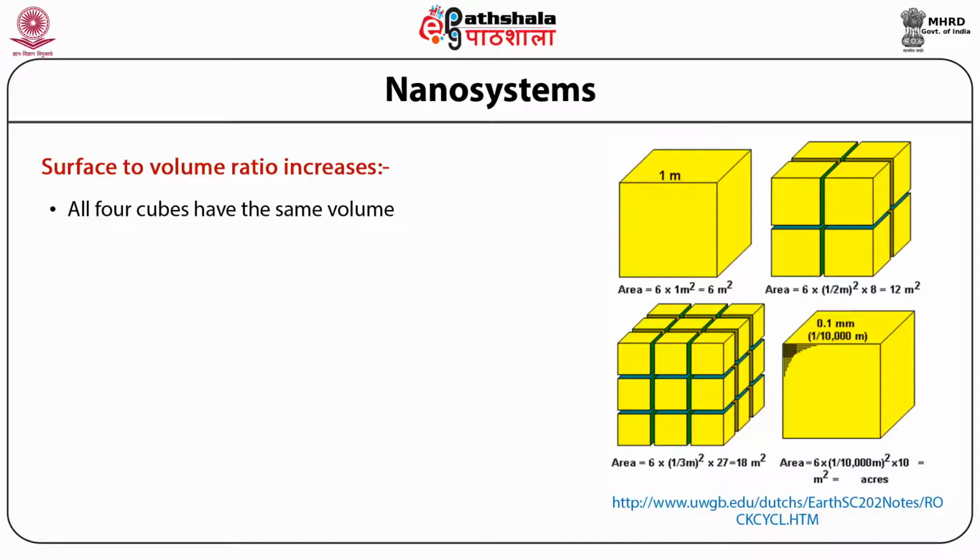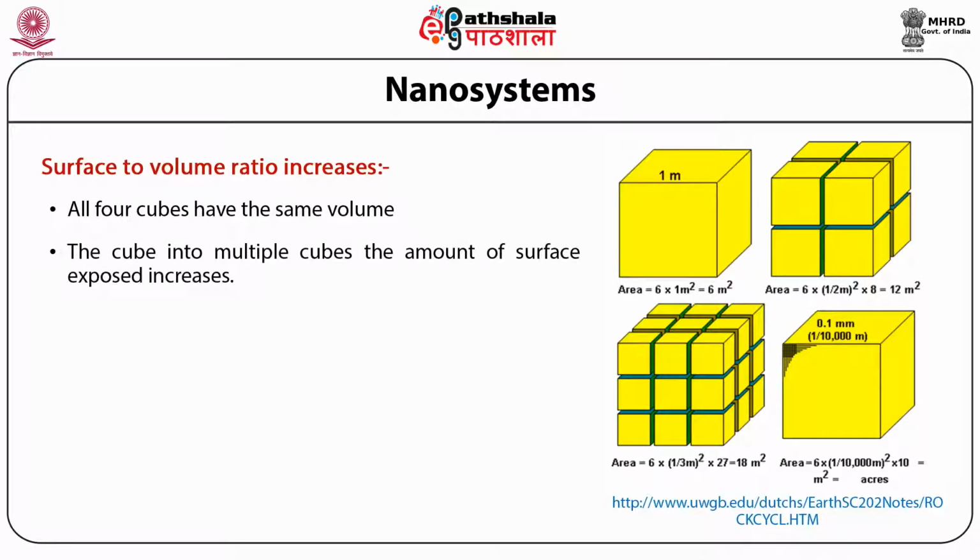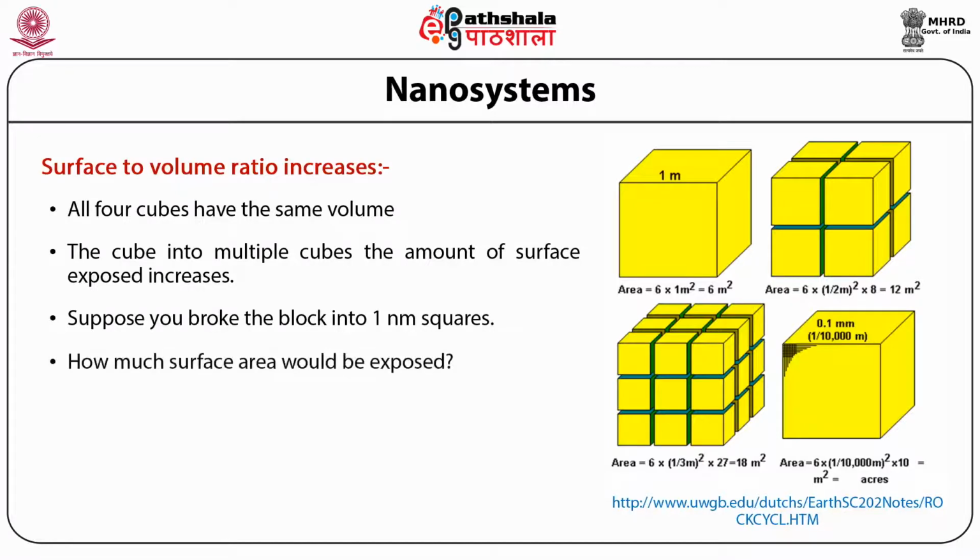Now, if we break the cube into multiple cubes, the amount of surface exposed increases. Suppose we broke the block into 1 nanometer squares, as shown in the last figure, how much surface area would be exposed?